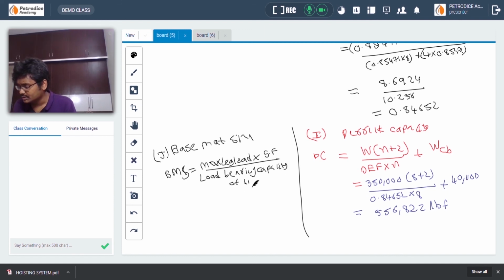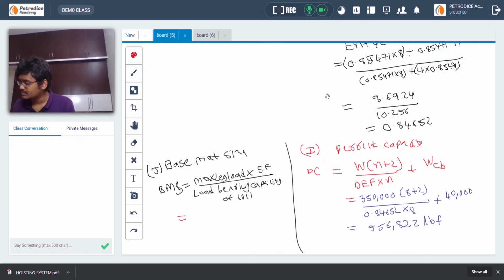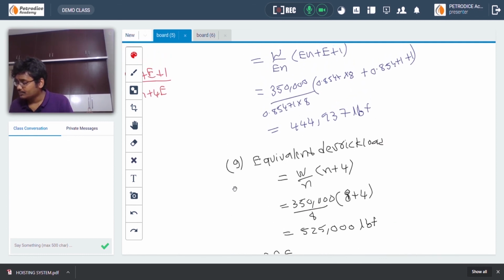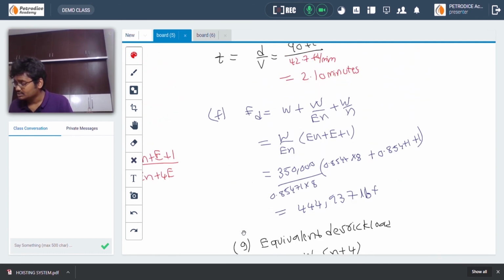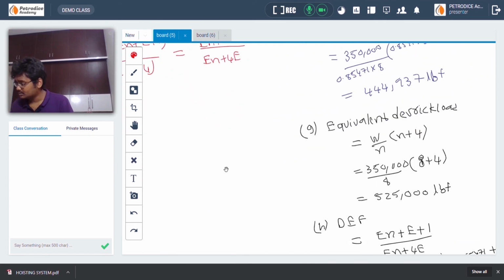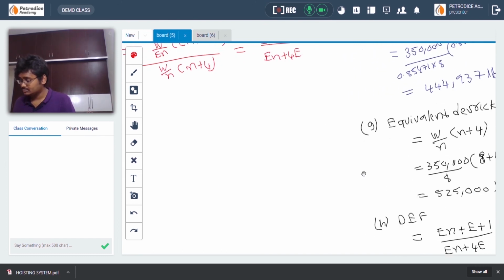Let's see. The maximum load is equivalent derrick load divided by 4. 525,000 divided by 4 is the maximum leg load.